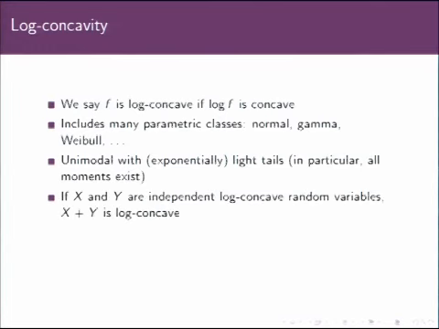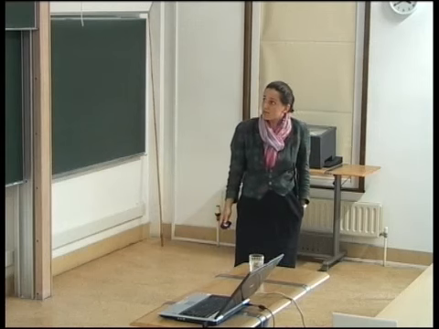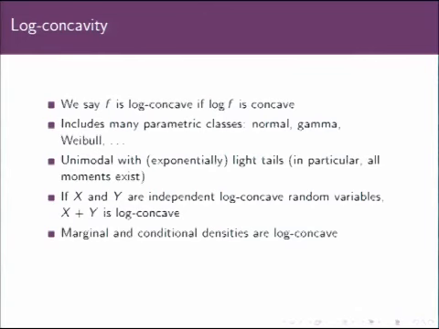We also have these nice closure properties, so closure under summation of independent log-concave random variables. Saying the random variable is log-concave means it has a log-concave Lebesgue density. In the multivariate context, the marginal and conditional densities are all also log-concave.